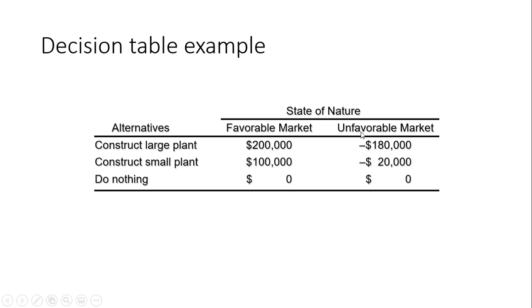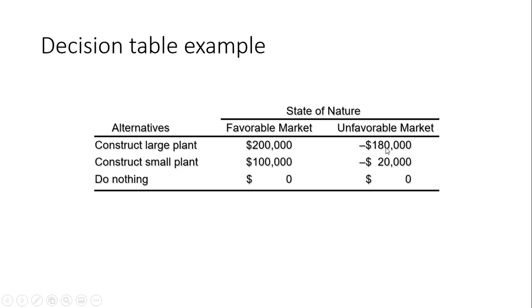But in an unfavorable market, you will have a loss of $180,000. The numbers here, 200,000 and 180,000, as a profit and as a loss, are called a payoff.